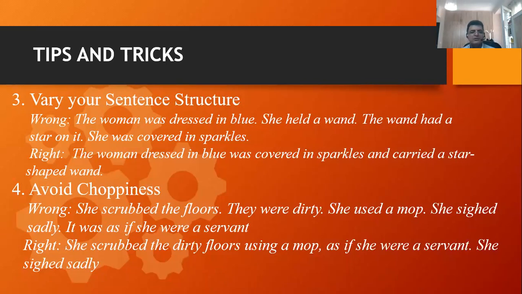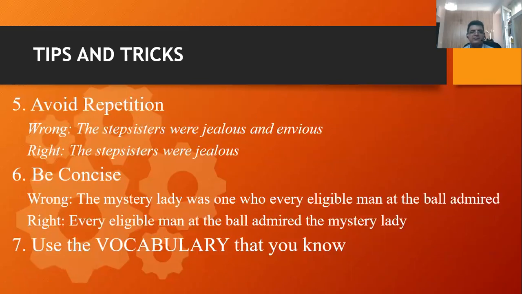So you are not allowed to write in such a form. You need to write in the right form: "She scrubbed the dirty floor using a mop as if she were a servant. She sighed sadly." So you should avoid using a list of very short sentences in your academic writing.